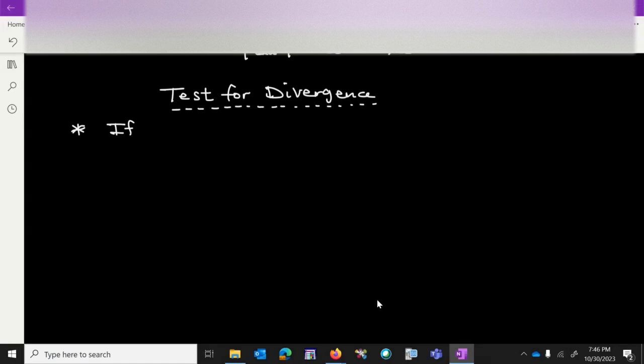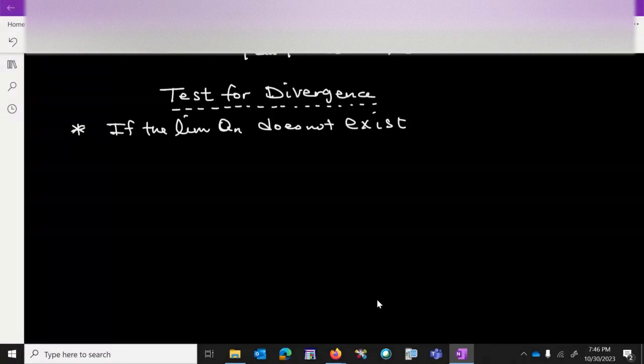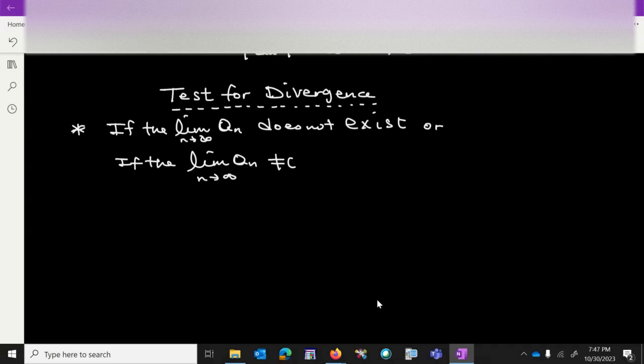If the limit of a sequence a sub n as n approaches infinity does not exist, or the second option, if the limit of a sub n as n approaches infinity is different from 0.